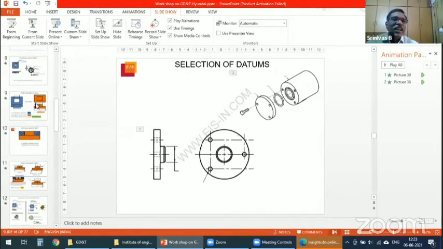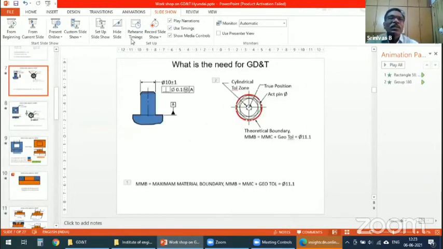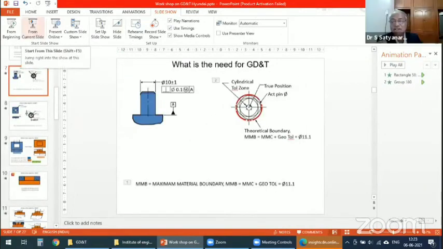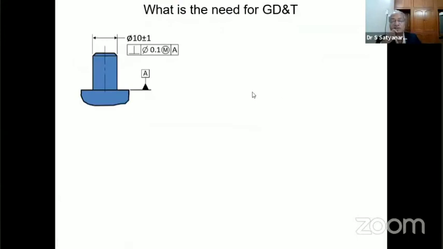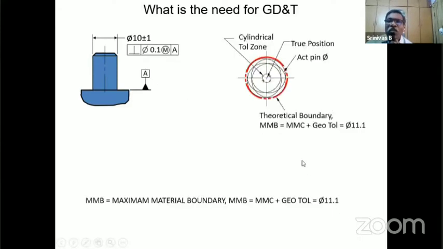Actually, this is not the slide for resultant condition, sir. You are thinking this is for that. Yeah, 1 minute. You see, gentlemen, I would explain. This one I have explained already. What is MMC? MMC is 11. What is MMB? MMB is 11 plus this 11.1.